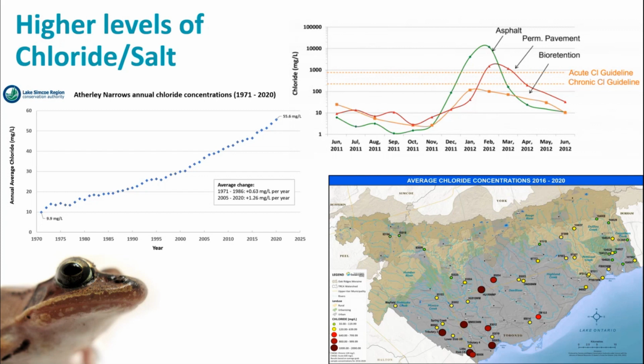The results here show that asphalt releases salt in very concentrated and quick bursts during the winter months, whereas LIDs release it more gradually over the entire year. The importance of this is LID typically delays the release of salt to receiving waters through temporary storage of these elevated chloride levels within their soils and then slowly releases it over time.